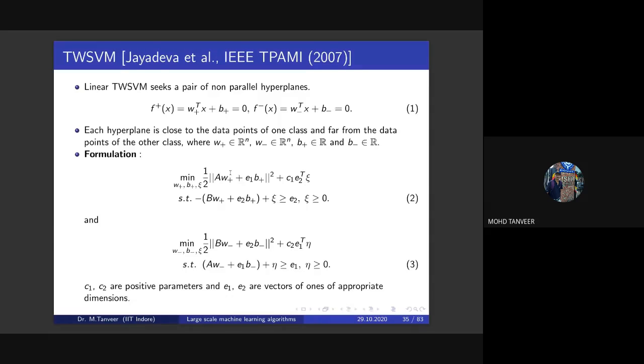Then the complexity of Twin SVM will be 2 times (m by 2) cube. So m cube upon 2 times (m by 2) cube comes out to be approximately 4 times faster than SVM. If you see the numerical experiments, sometimes it is 20 times, 30 times, even 100 times faster, depending on the data.